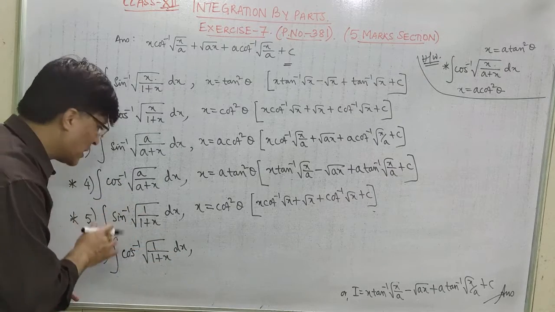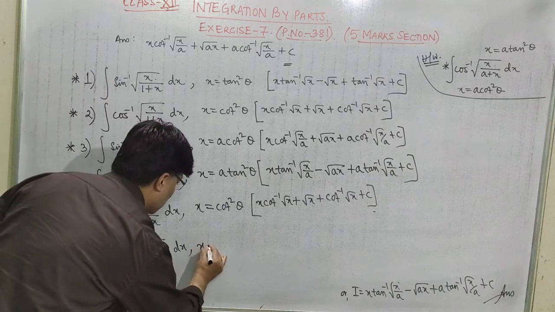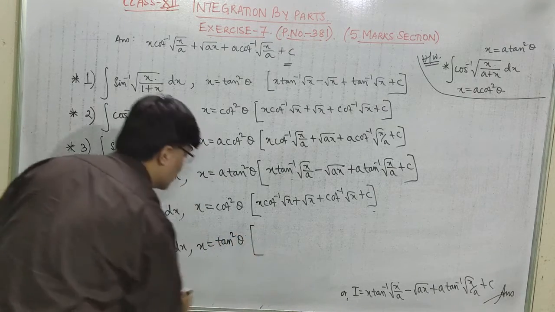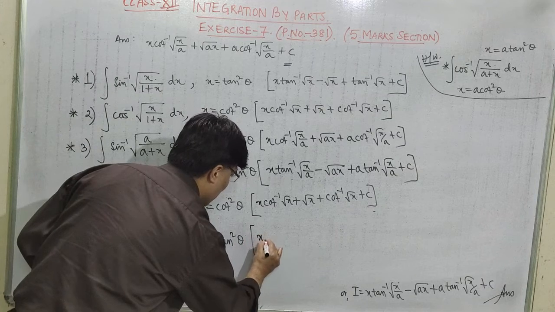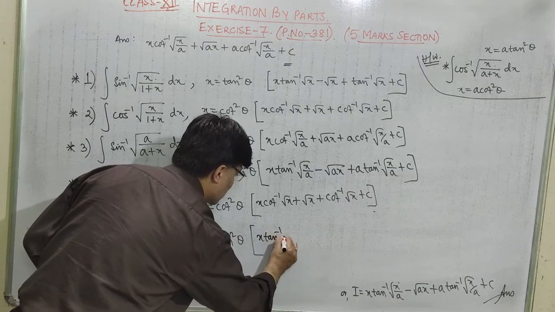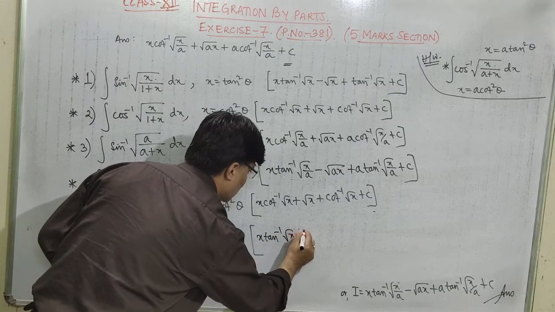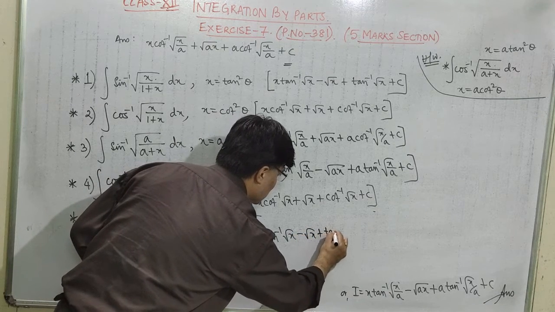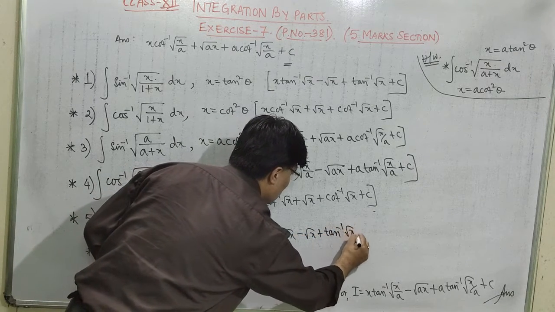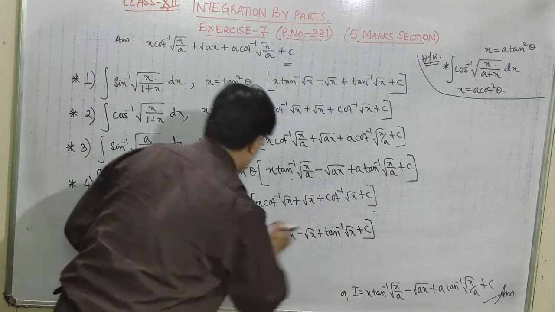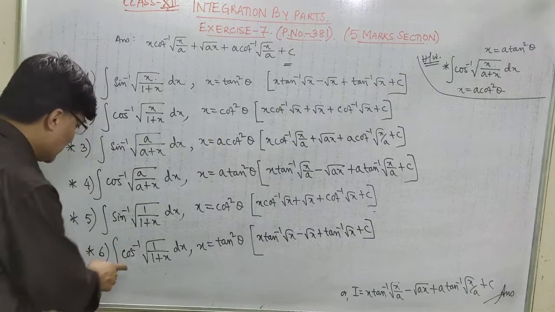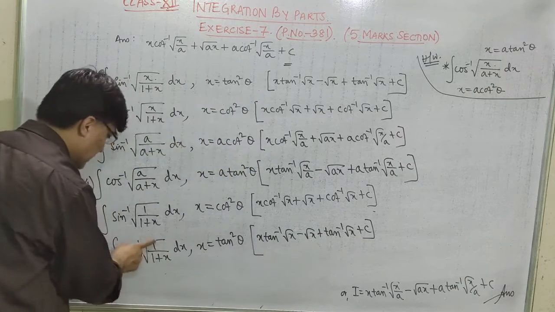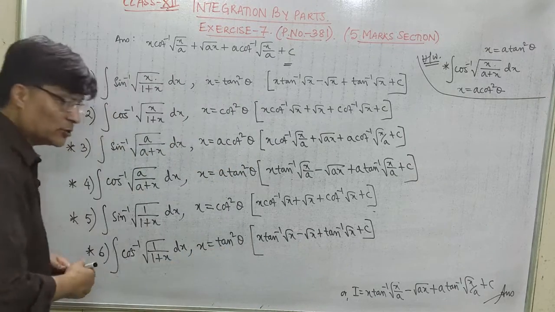If you have such type of question, you can put x is equal to tan square theta, and the answer for this question will be x tan inverse root x, then minus root x plus tan inverse root over x plus c. So the answer for this question will be this one, and the hint for this question is this one, x is equal to tan square theta.